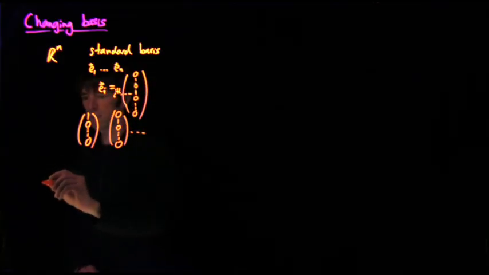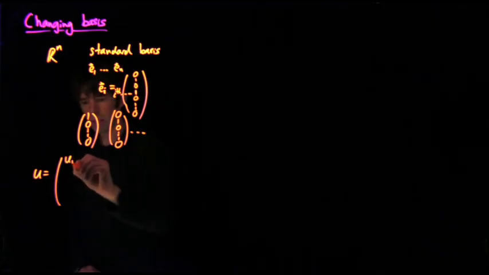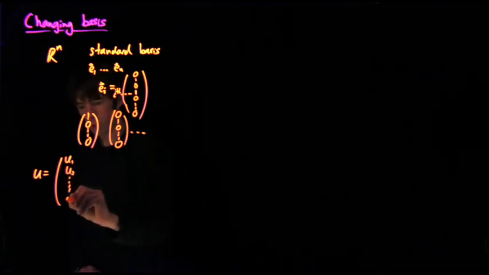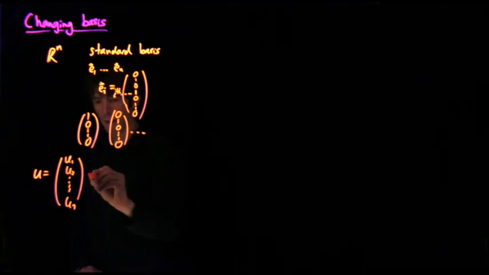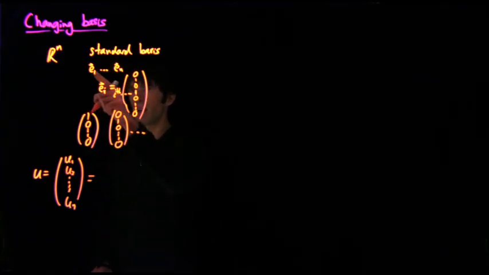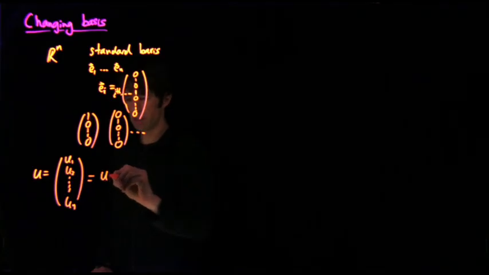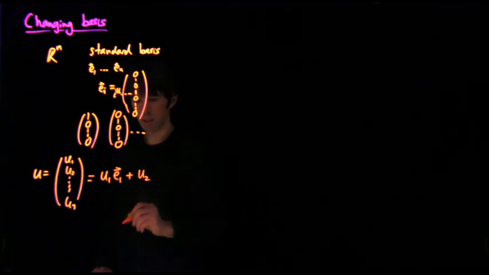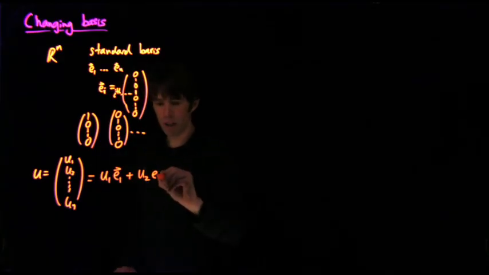And if I have some vector u, which I'll write as u1, u2, up to un, I can think of this as expressing a linear combination of the standard basis vectors. This is u1 times the first basis vector plus the number u2 times the second basis vector, and so on.